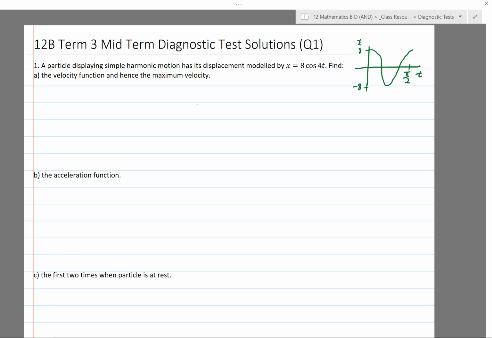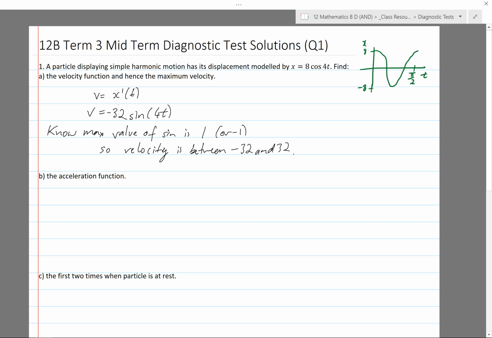So I know the max value of sine is 1, okay, or negative 1. So the velocity will be between minus 32 and 32, because it's going to be minus 32 times 1 or minus 32 times negative 1.